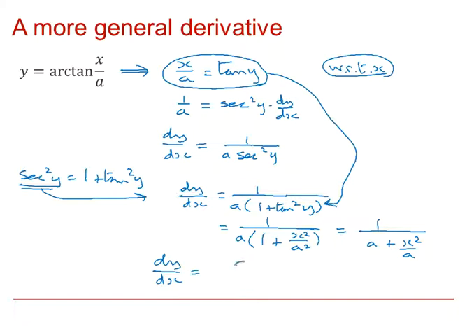So if I times the top by a, we get 1 times a, and if I times the bottom by a, we get a squared plus x squared as the denominator. And that is the more general derivative of arctan x over a.